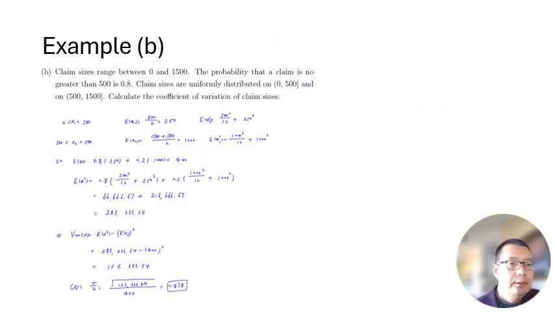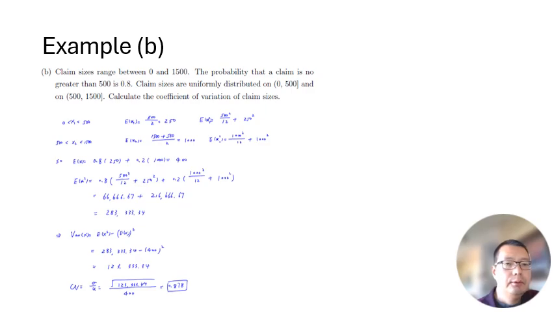Example B. Claim size ranges between 0 and 1500. The probability that the claim is no greater than 500 is 0.8. Claim size is uniformly distributed on 0 to 500 and on 500 to 1500. Calculate the coefficient of variation of claim size. First, if X1 is between 0 and 500, the expected value is 250.